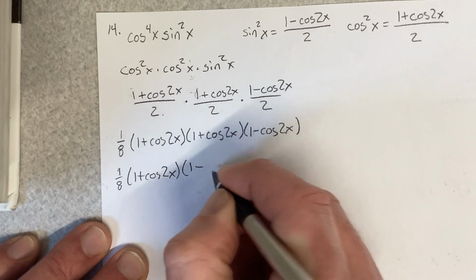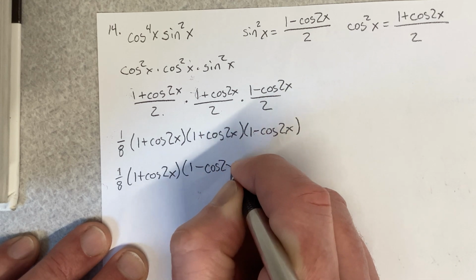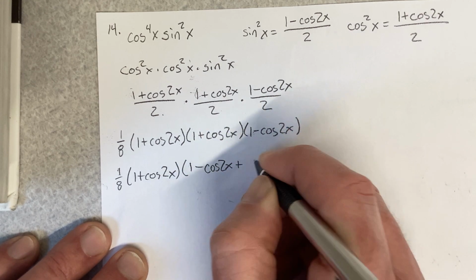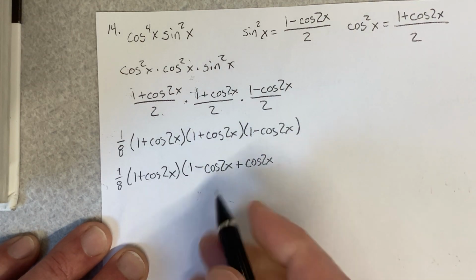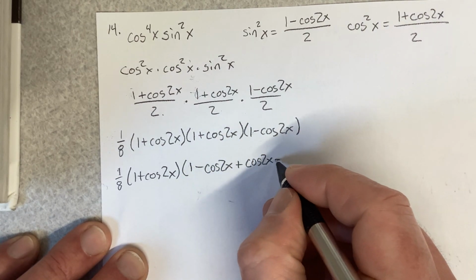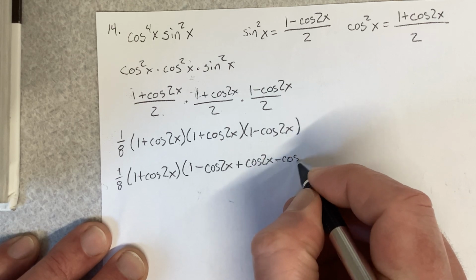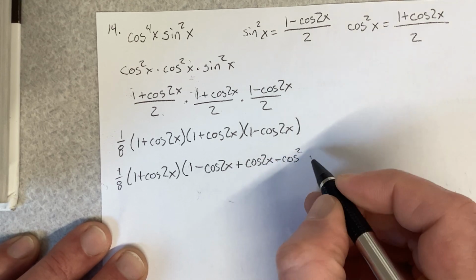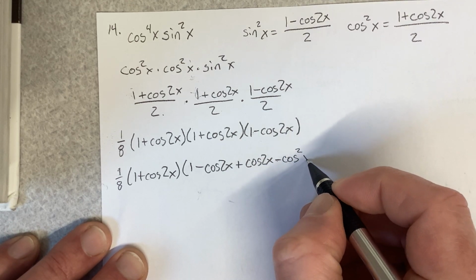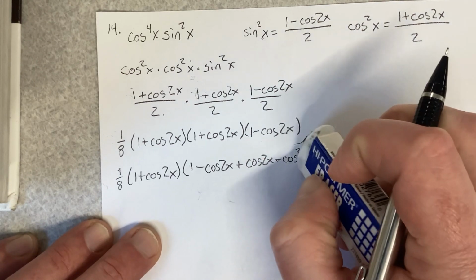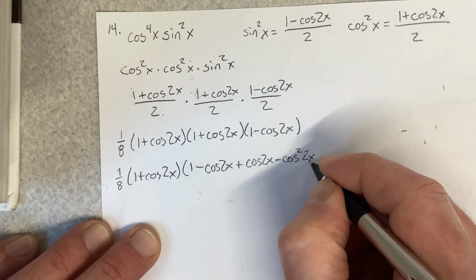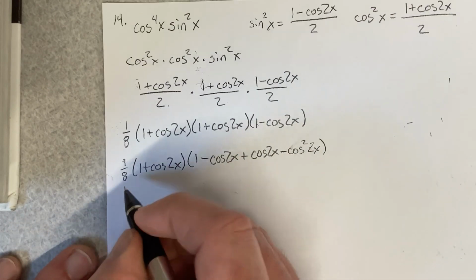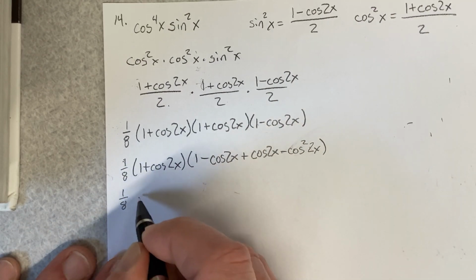And we have 1 times a negative cosine of 2x plus 1 times positive cosine of 2x. And again, I knew those were going to cancel, and that's why I chose that. And now we're going to get a negative cosine squared of 2x. And so this will be fairly obnoxious. Okay, and so now we simplify it down into this.